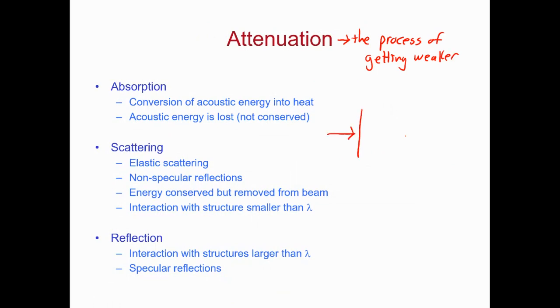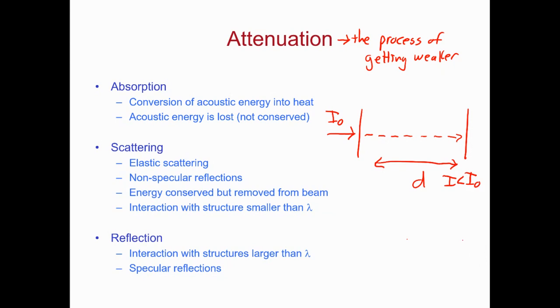The beam at the entrance to the tissue was, say, intensity I naught, some number of watts per square meter. Down at some depth, let's call that D, the intensity will be weaker. The intensity is going to be less than I naught.